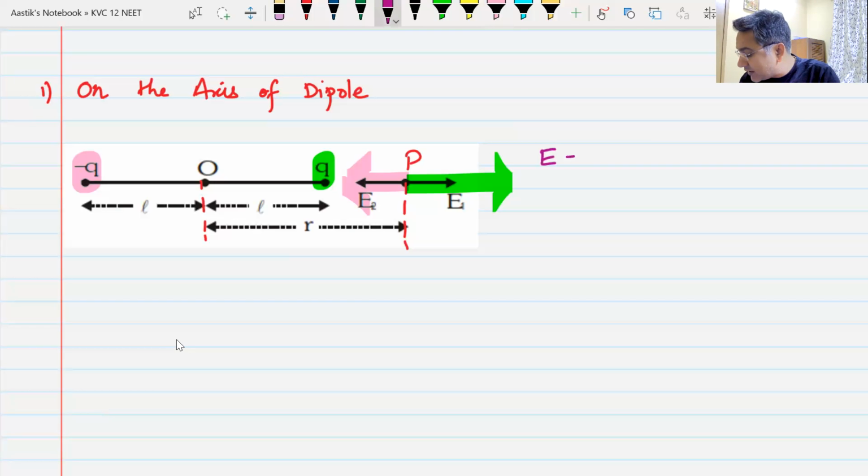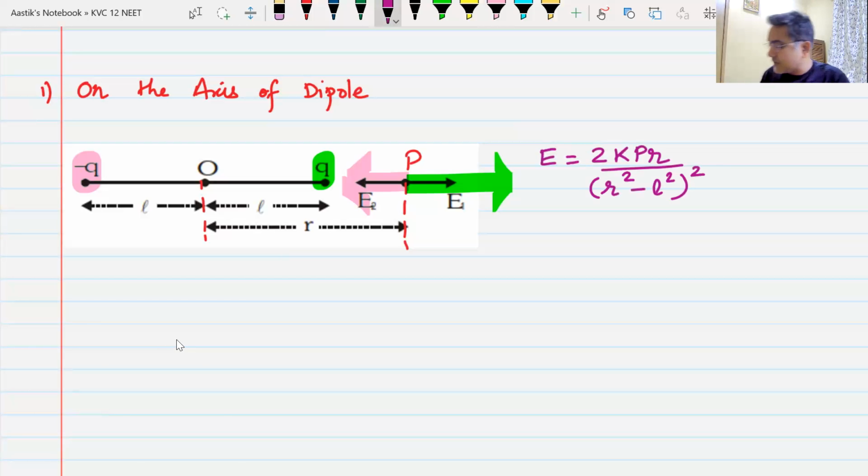And you just have to remember the value of this electric field created by the dipole, and you can write it like this: 2 times k, where k is 1 by 4 pi epsilon naught, into the dipole moment p into r, divided by r square minus L square, whole square.